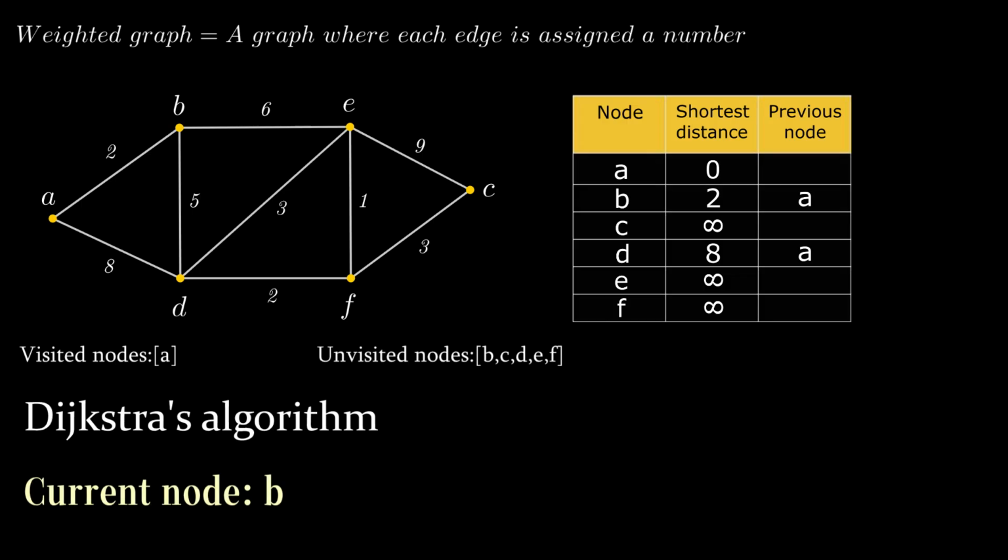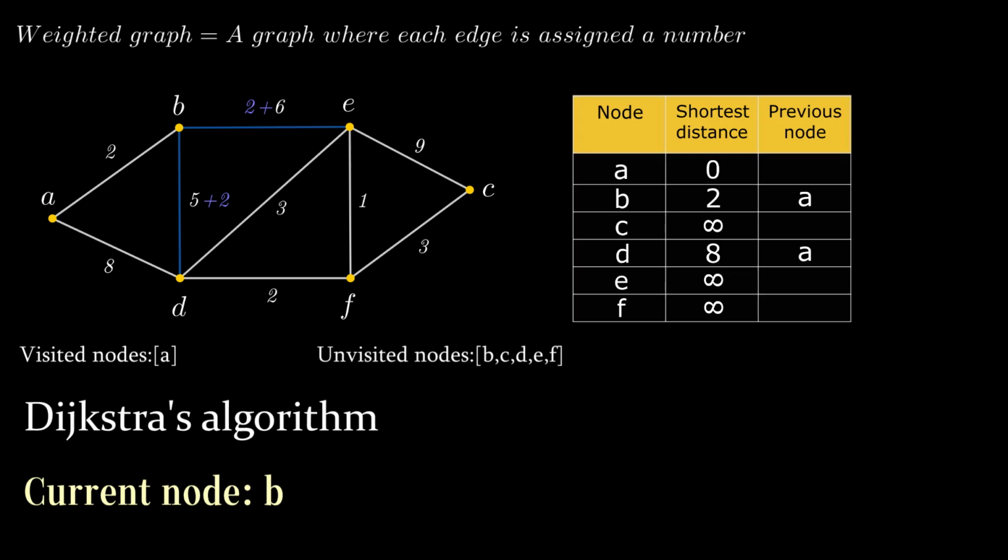Now we calculate the distance to all unvisited neighbors of B, like we did with the first step. So the unvisited neighbors of B are E and D, and the distance calculation is as follows. Since B has a current distance of 2, we need to add this to the weight of the edges to E and D, as you see here.